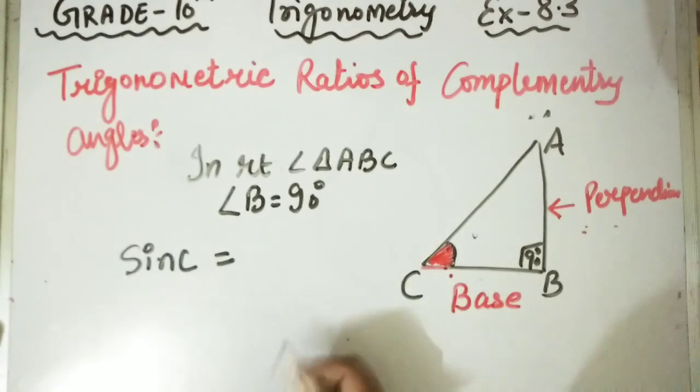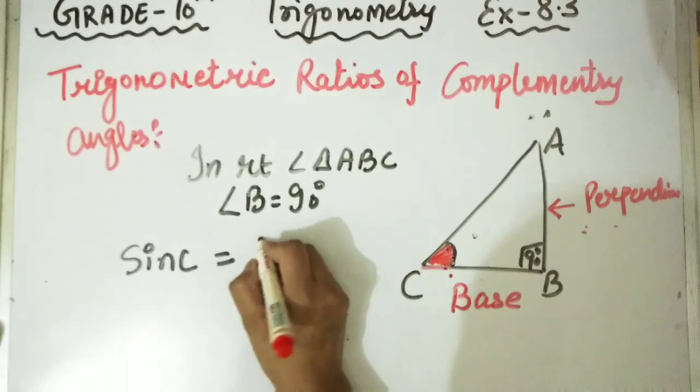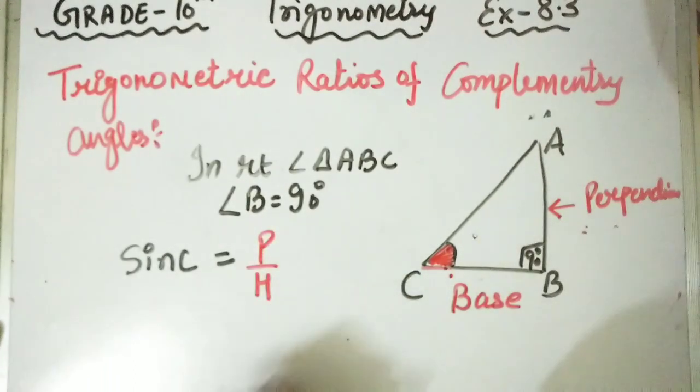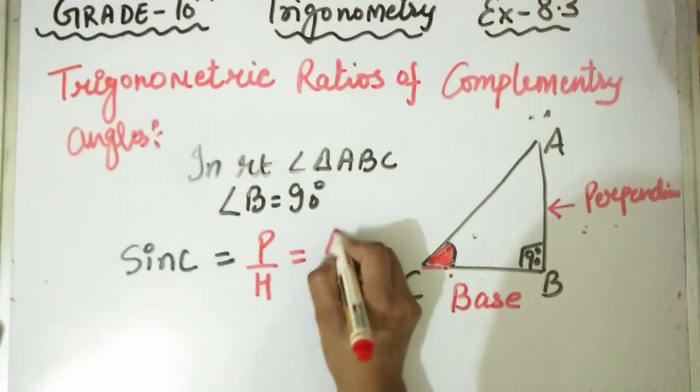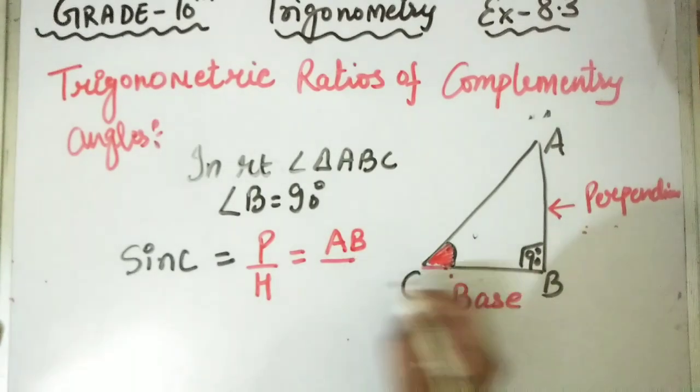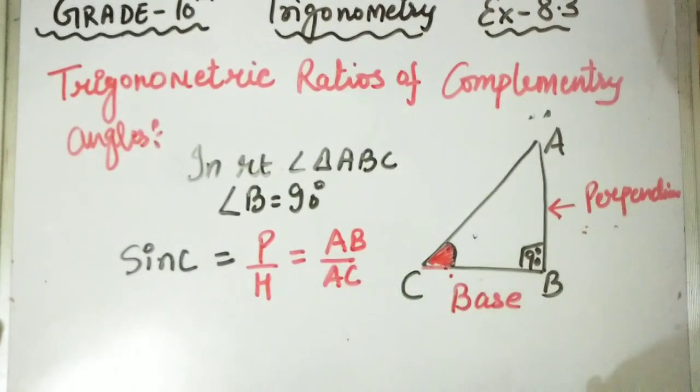So in this way, if I want to find sine C, what will sine C be? Sine C is perpendicular upon H, right? So the perpendicular is AB and H is AC, right?